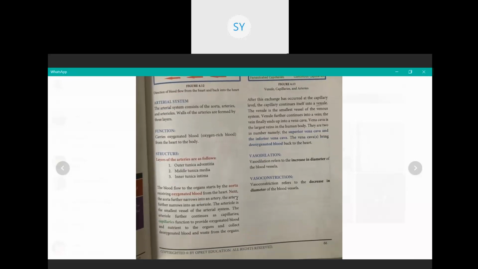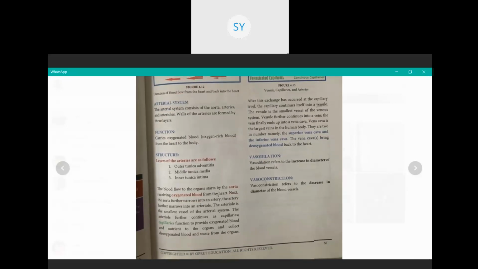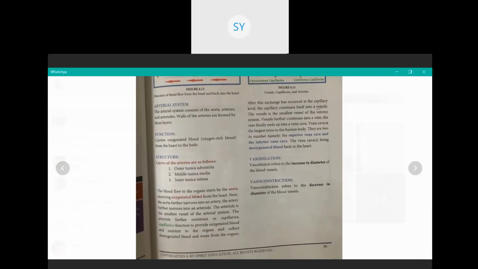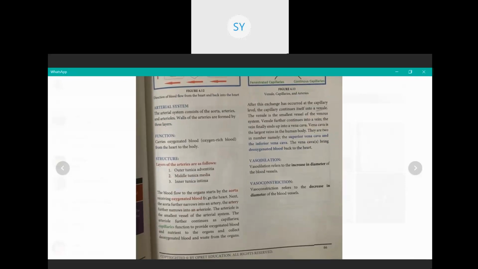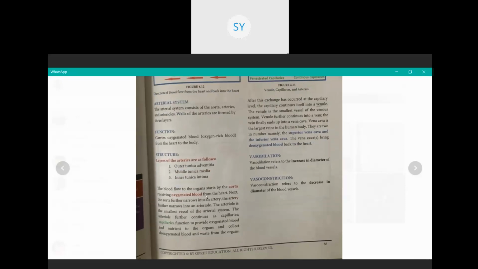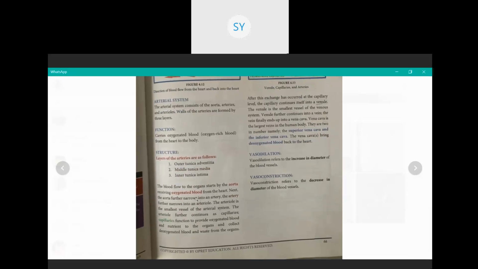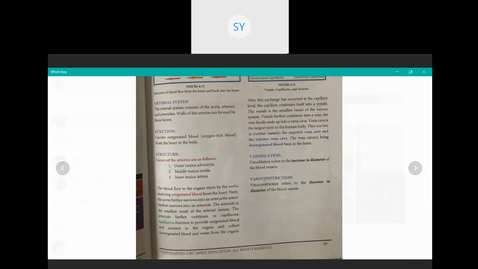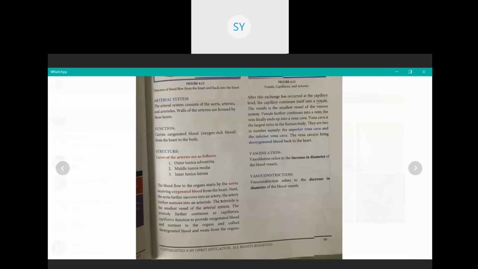And this layer, they're going to ask you, so please remember this one. The blood flow to the organs starts with the aorta, receiving oxygenated blood from the heart. Next, the aorta further narrows into the arteries, and the arteries further narrow.